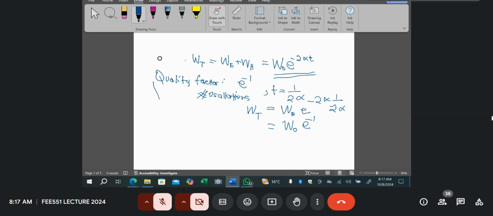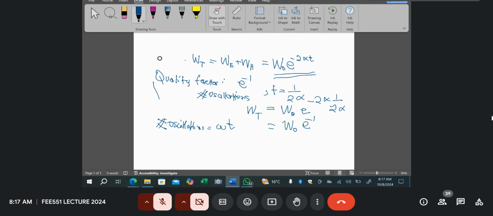The number of oscillations at that time, when the value reduces to that, in radians is omega t.